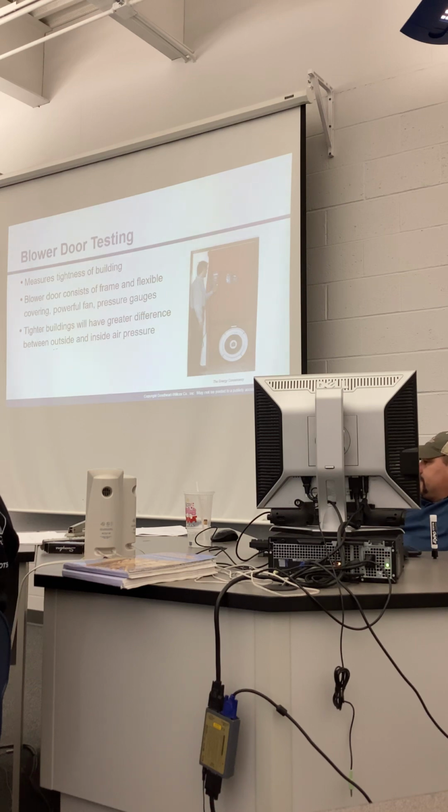Yep. So what would they do if it's not? Well, I mean, we're gonna go inside the house, and we're gonna find out where it's leaking. So let's say we have a vent, and that vent has a big gap around it. So we would take the vent cover off and be like, oh, right here, so we're gonna foam or caulk or whatever we wanna do to seal that. Oh, it's coming around your attic door. What do we gotta do here? Oh, this window is leaking. Why is this?